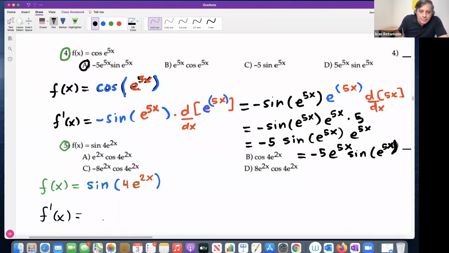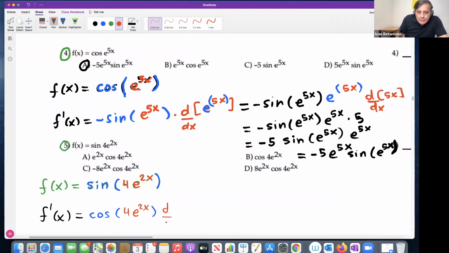It helps. Derivative of the outside function, derivative of sine. You will start with that. The derivative of the outside function, cosine, right? Derivative of sine, cosine of something. Well, something is your inside function, times the derivative of your inside function.